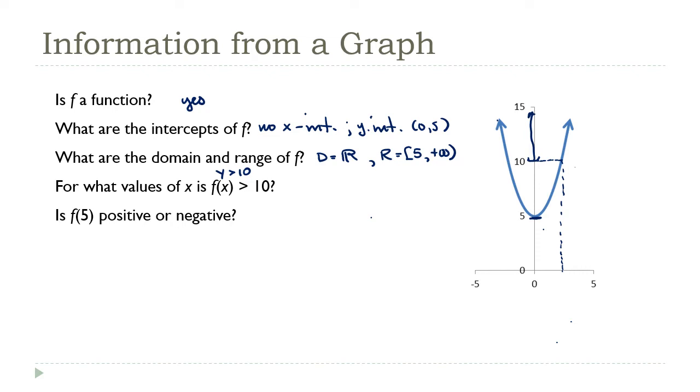So I'm going to say this point is 2.5 comma 10, and if I do the same thing going in the other direction, this is going to be negative 2.5 comma 10, and any x value to the right of 2.5 will give me an even bigger functional value, and any x value to the left of negative 2.5 will give me a greater functional value.